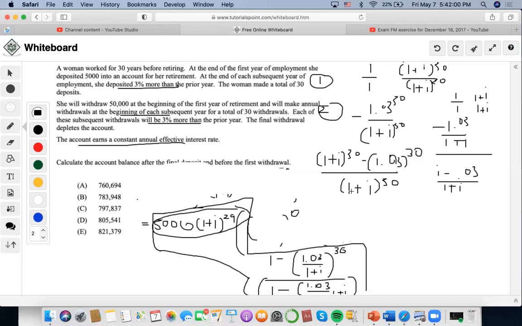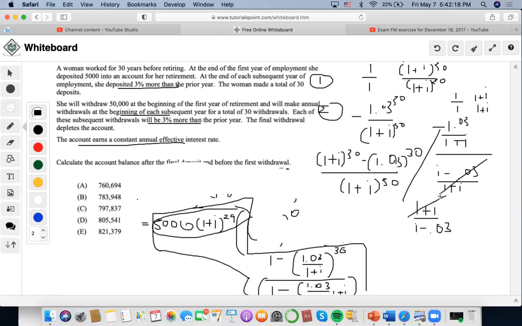So that is the denominator of the fraction. Now we want to divide these fractions, right? So I'm going to flip this, because that's what we do when we divide. I'm going to multiply it by this huge fraction over here.